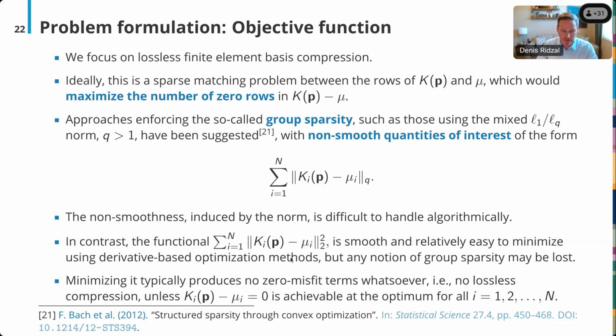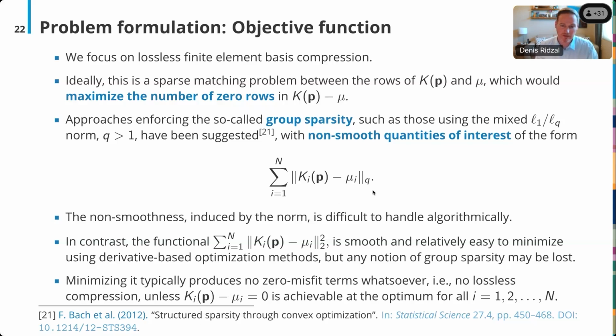And so, as I said, no zero misfit. So you get no lossless compression unless, and you notice this on a structured mesh, this quantity is zero for all I, for all cells. So this is a challenge, but it also motivated an idea that we had.